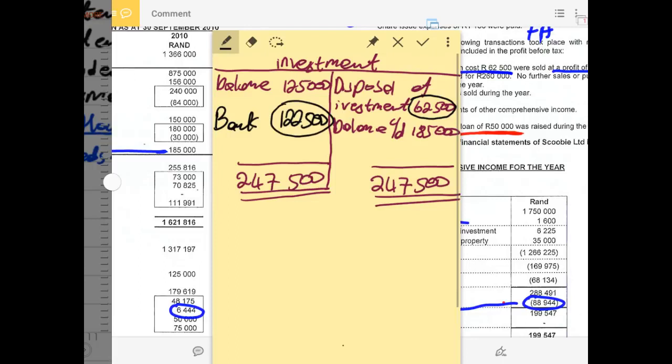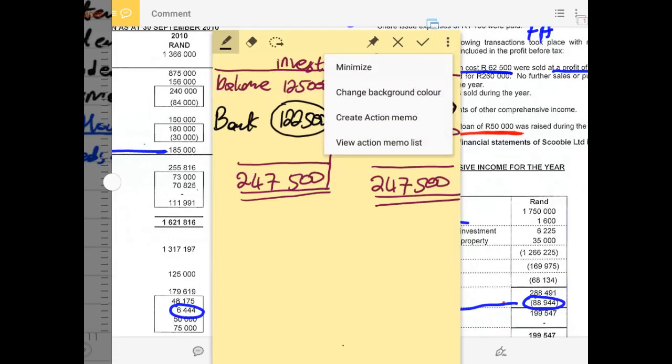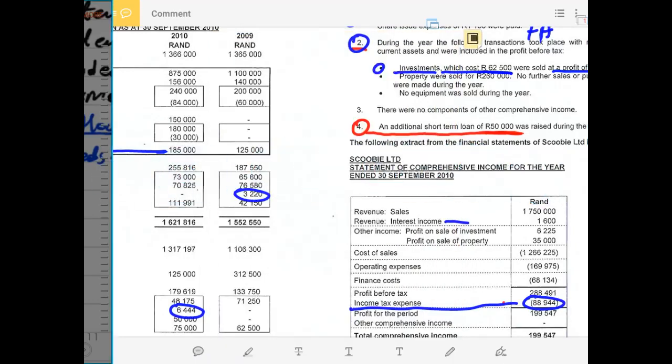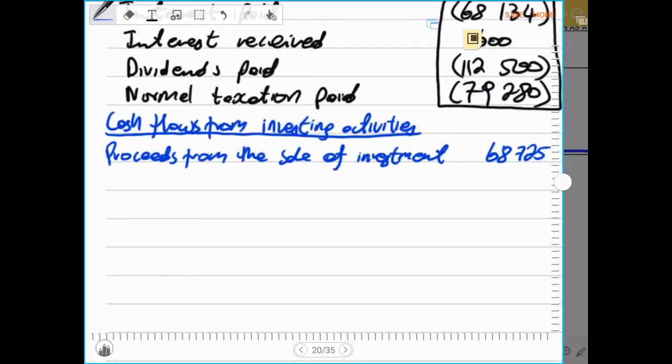122,500. Remember, if the difference had fallen on the credit side, that would mean another investment was sold during the year, which may not have been mentioned in the additional information. The minute the balance falls on the debit side, it means another investment was acquired during the year. So let us record that as acquisition of investment.